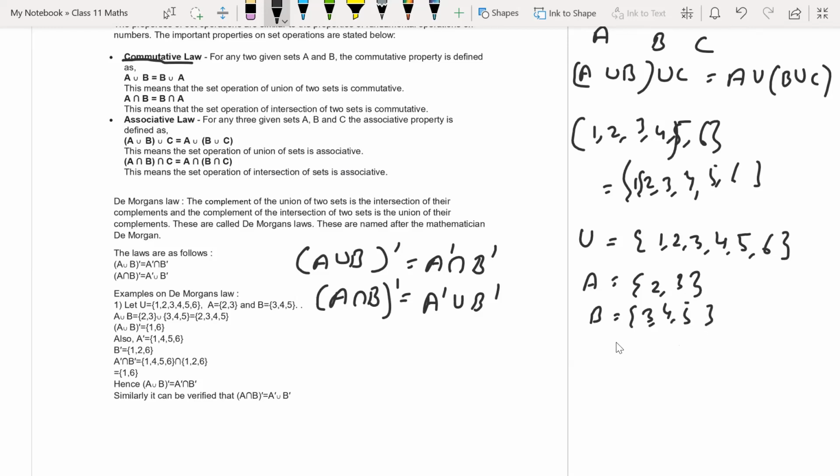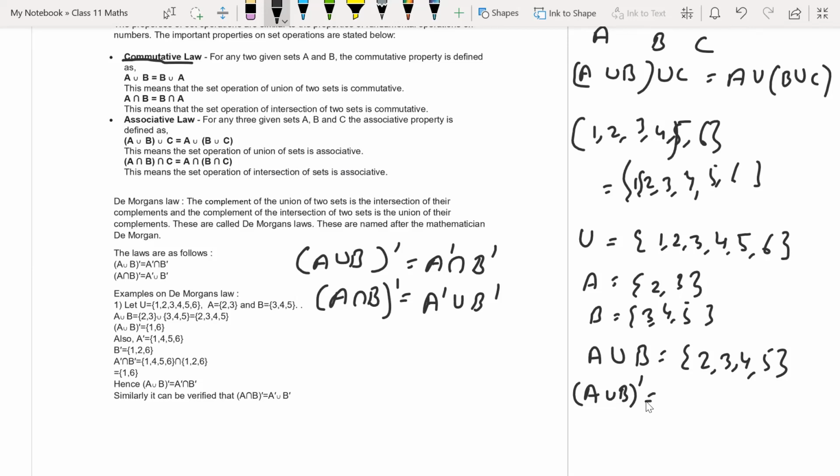Now, what is A union B? From the set operations, A union B is 2, 3, 4, 5. So what is the complement of A union B?